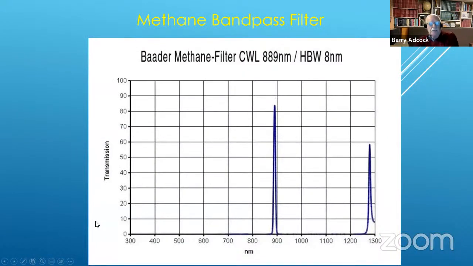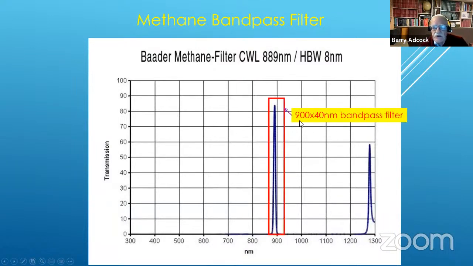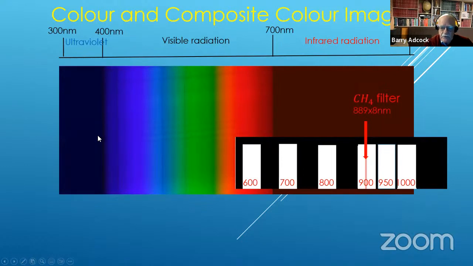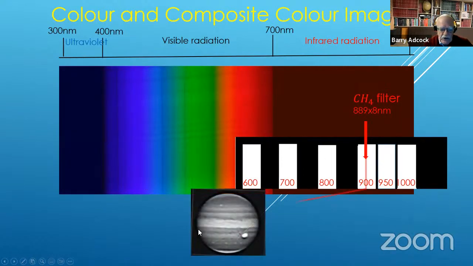Having a look at the methane filter, my filter is the narrowband one with 8 nanometers, and it is enveloped inside the 900 by 40 nanometer filter, and there's a picture of it inside the 900 nanometer filter, and it produces a picture of Jupiter at that wavelength.